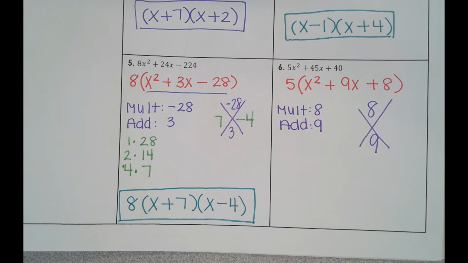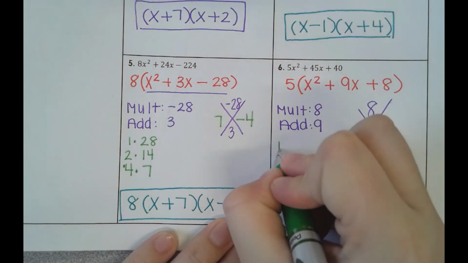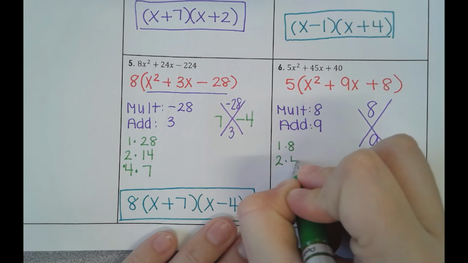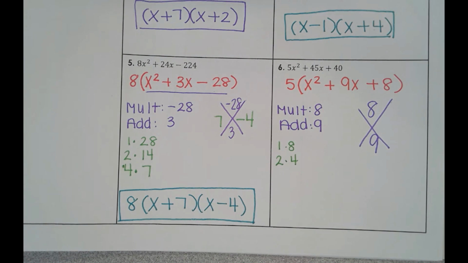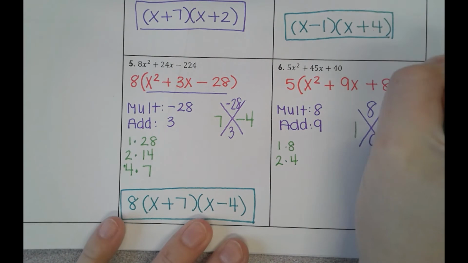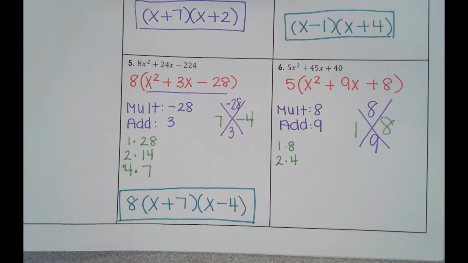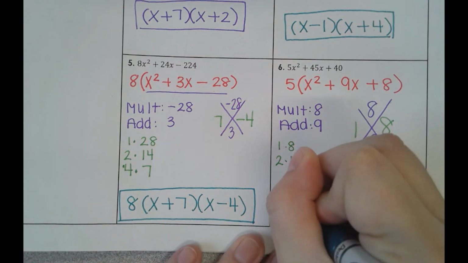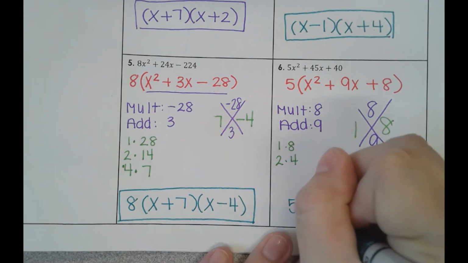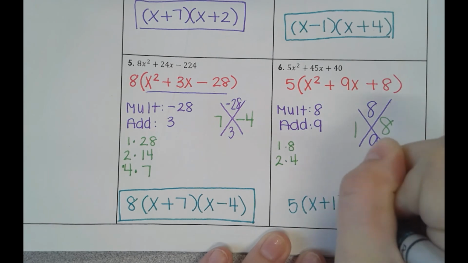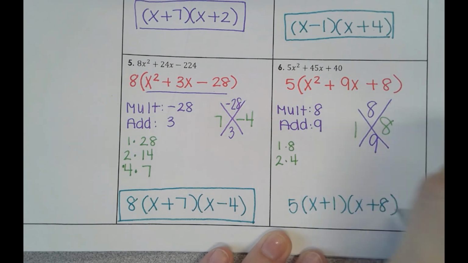We're looking for two numbers that multiply to be 8, but add to be 9. So like 1 and 8, 2 and 4. Which of those add up to be 9? 1 and 8. So our final answer, we have the 5 from the GCF, x plus 1, x plus 8.